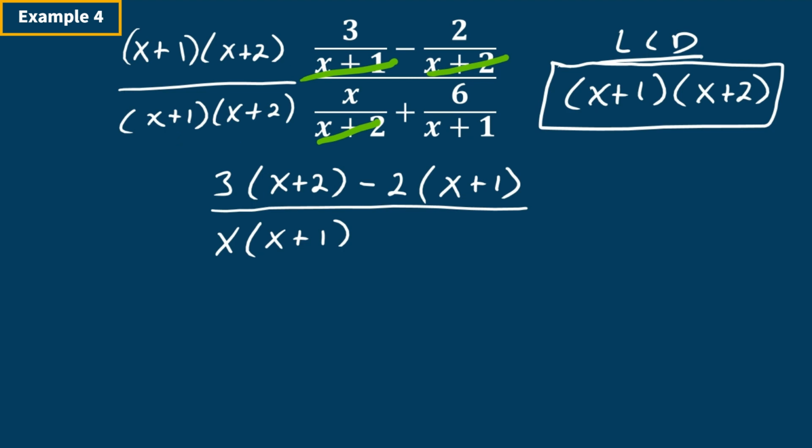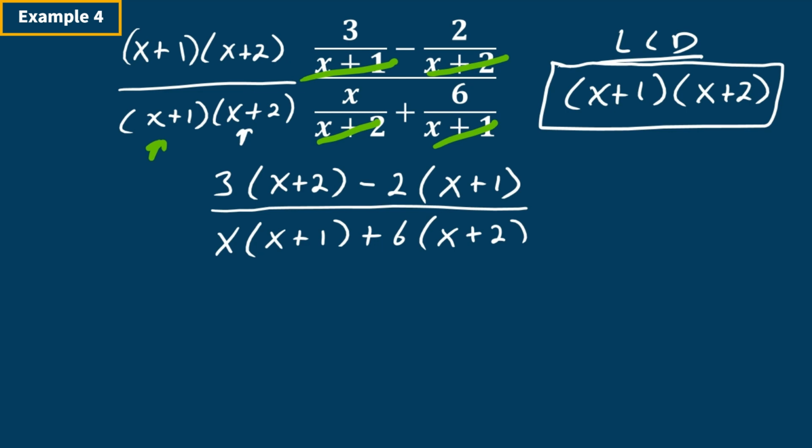Looking at the next fraction, we have 6 over x plus 1. So this is going to cancel with this. And what we have left over is this x plus 2. So that's going to be plus 6 times x plus 2. So now we have this large fraction here.